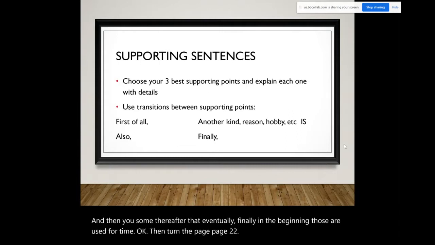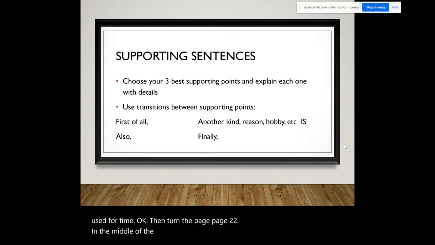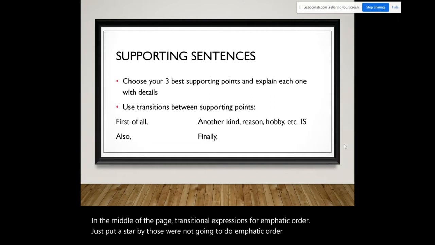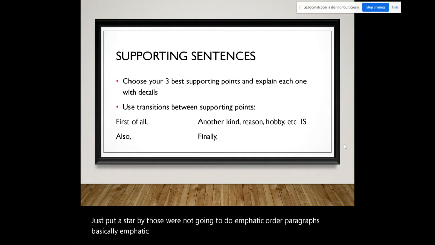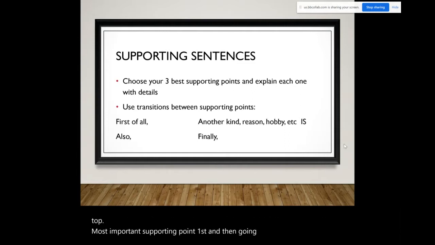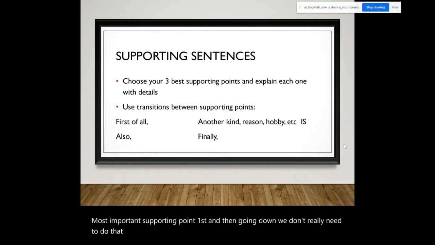In the middle of the page, transitional expressions for emphatic order. Just put a star by those. We're not going to do emphatic order paragraphs. Basically, emphatic order just means putting the most important idea at the top, most important supporting point first, and then going down. We don't really need to do that in this class, but those are some examples of transitions.